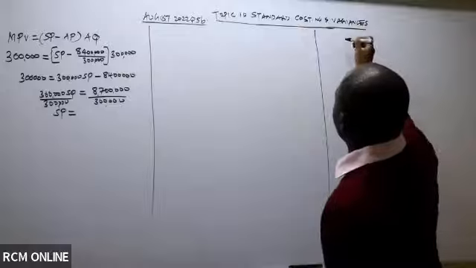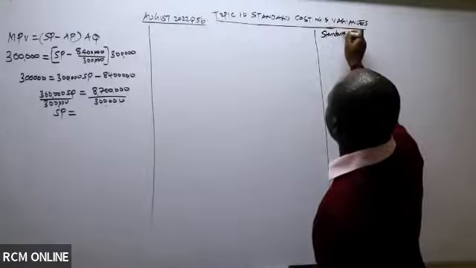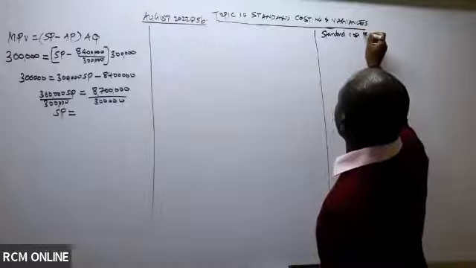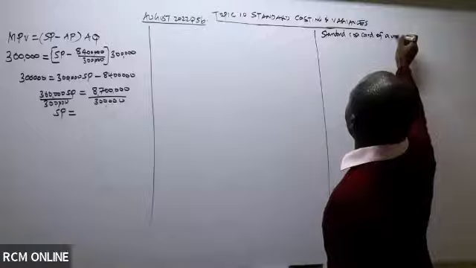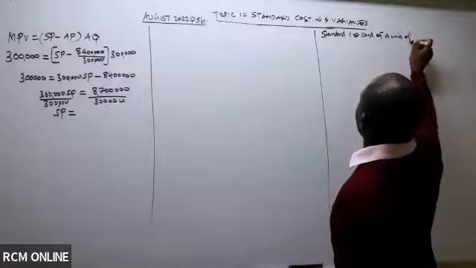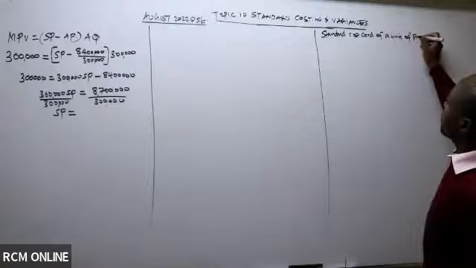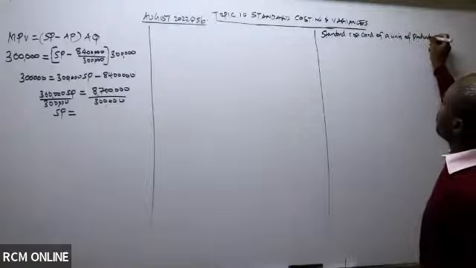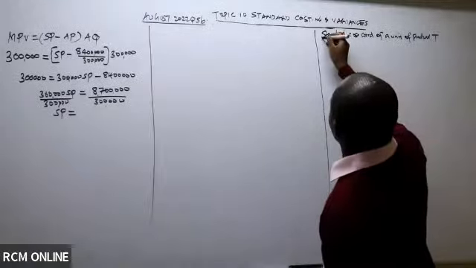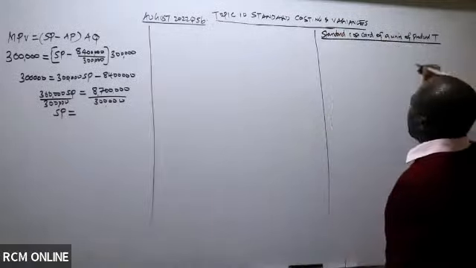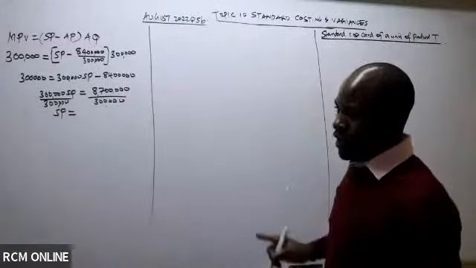Standard price, we're talking about the standard cost card for a unit of product T. That's what we are preparing. When preparing the standard cost card, you can refer to our previous question.